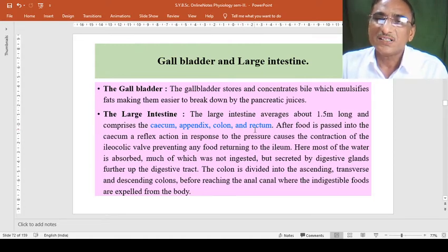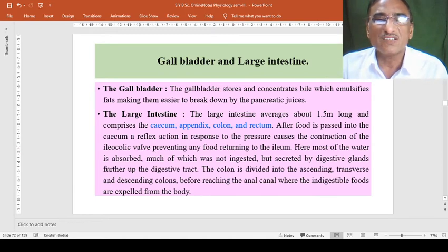After food passes into the cecum, a reflex action in response to the pressure causes the contraction of the ileocolic valve, between the ileum and colon. This valve prevents any food from returning into the ileum.